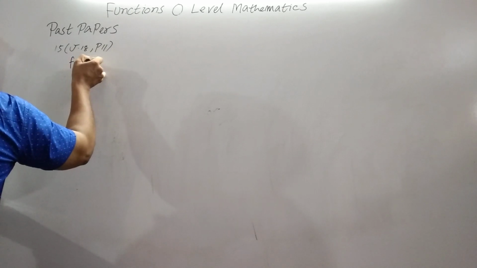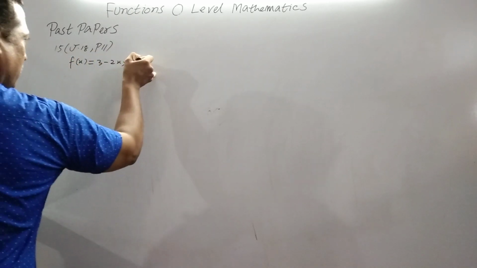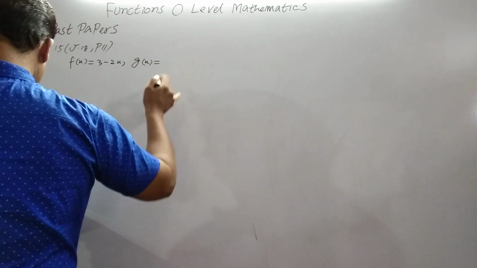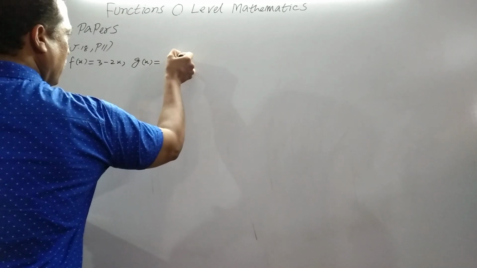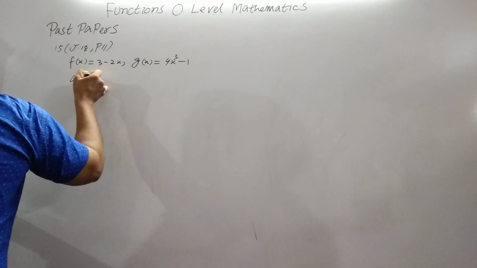Given that f(x) = 3 - 2x, g(x) = 4x cubed - 1.